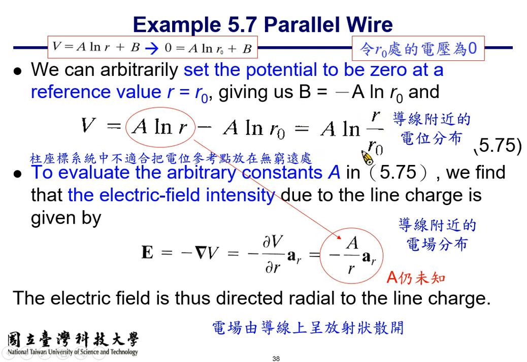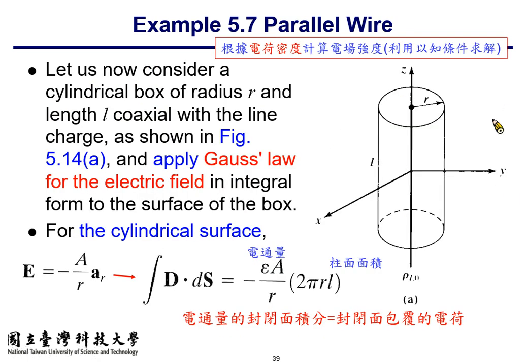So here is the expression for your electrical potential V. However, we still don't know the value of A. But we can find the electrical field intensity expression by taking the gradient of V. The gradient of V equals minus A over R, and the direction of the electrical field is in the R direction. So as you can see, you will have electrical field going out symmetrically on these cylindrical surfaces.